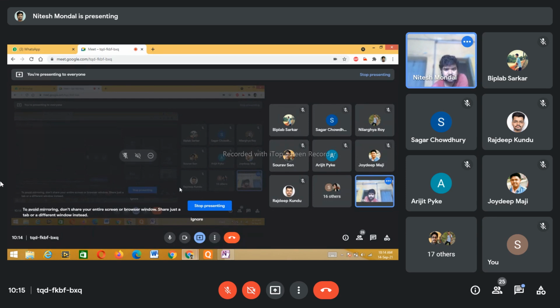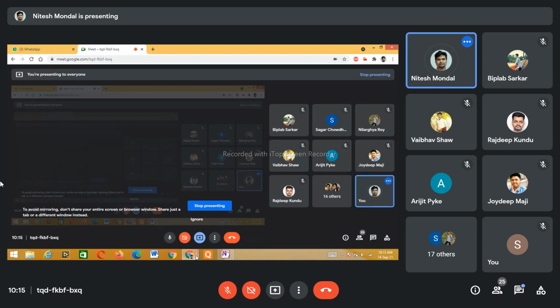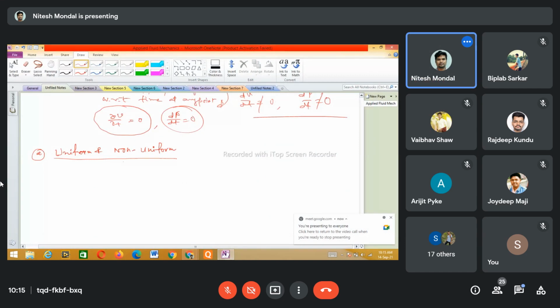So now, if I write this, we can write it this way: uniform flow means there is no change of velocity in direction and magnitude.